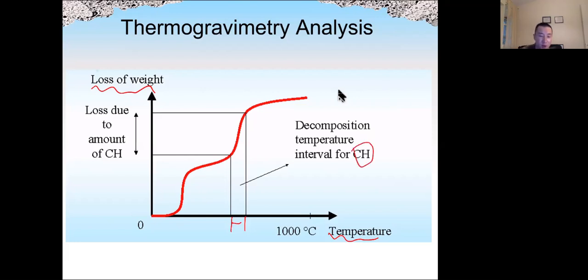And if we know the weight loss of the sample is this much for this temperature, this is going to be the weight of the calcium hydroxide based on thermal gravimetry analysis. So the idea, as you can see, is very simple.